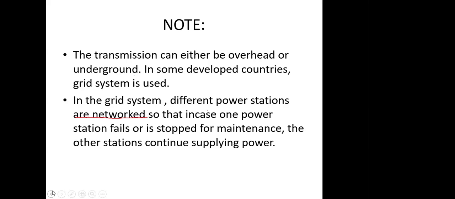Or in case one is being maintained, then the other can supply power. So for those countries which have grid systems, they don't have such issues where they will take off power to maintain a power station. Power remains there all day long, 24/7, all year running.